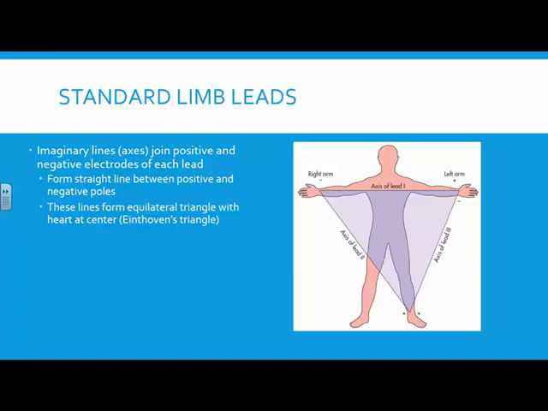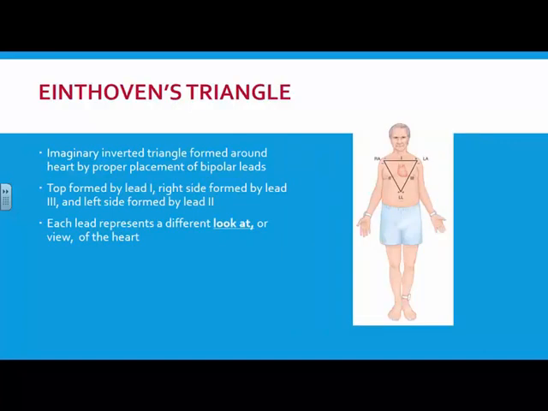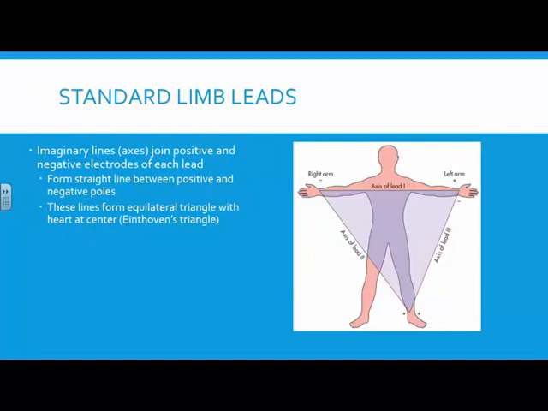Your axis of lead 1 is from your right arm to your left arm. Your axis of lead 2 is from your right arm to your left leg. Your axis of lead 3 is from your left arm to your left leg.